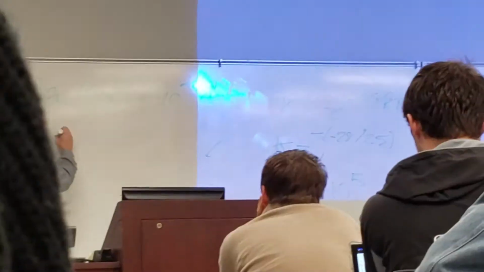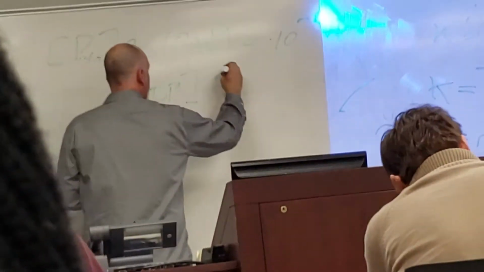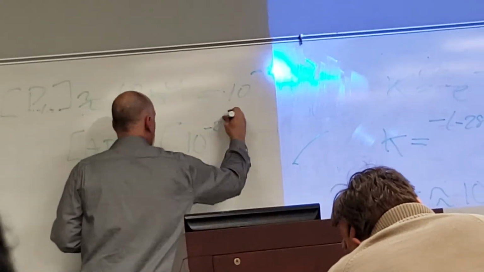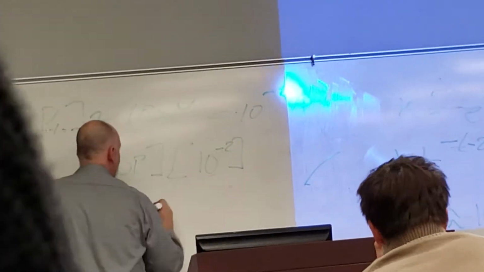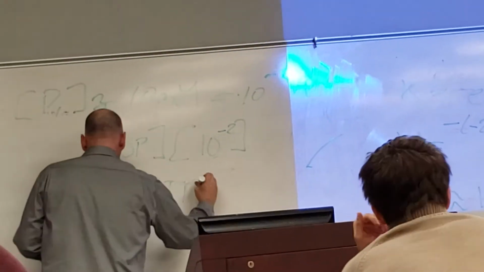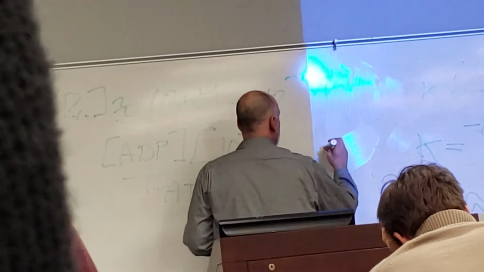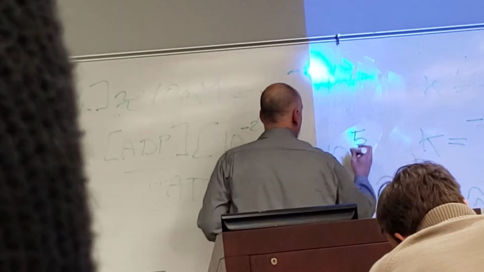So ADP times 10 to the minus 2 over ATP equals 10 to the 5th.